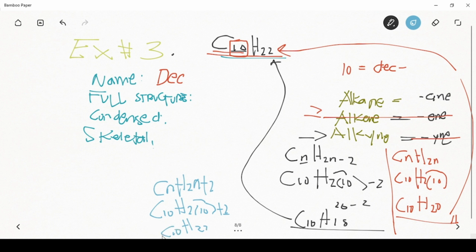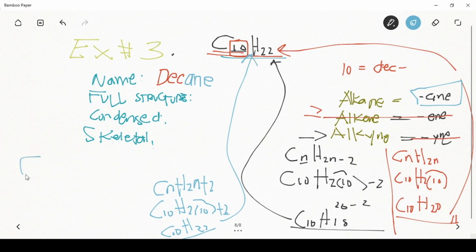So it is C10H22, which is the same as the given. So we must use the suffix ane. So it is decane. Get it?